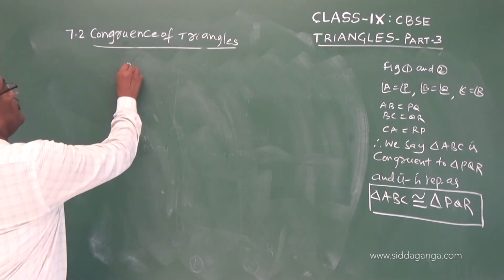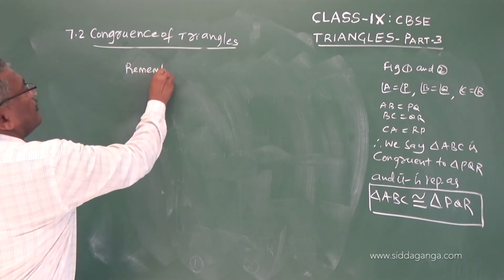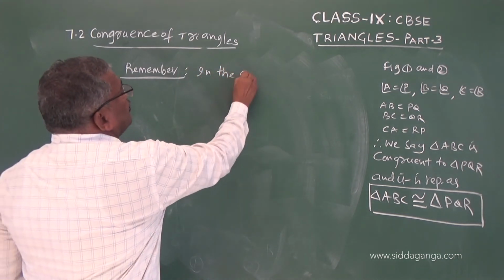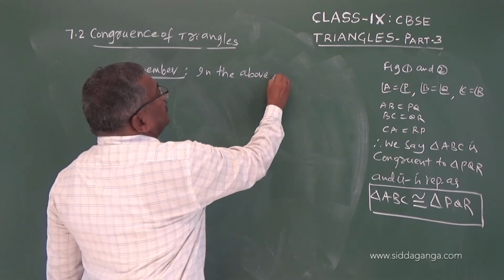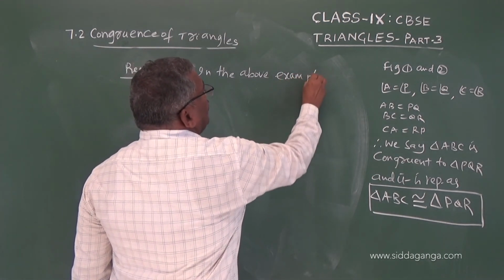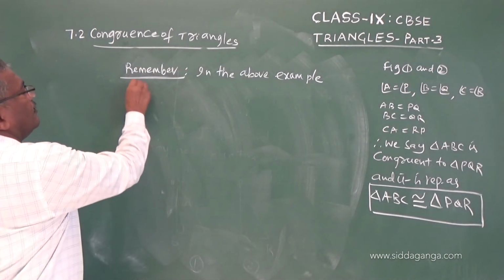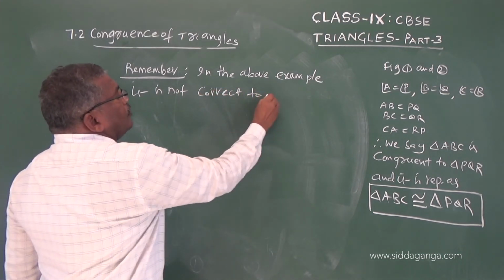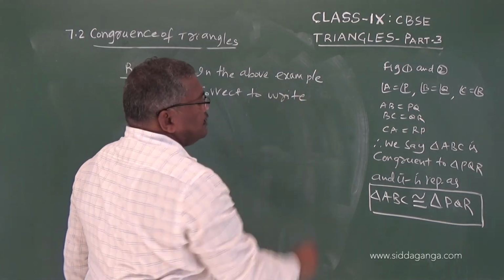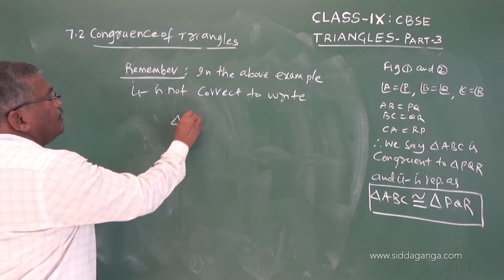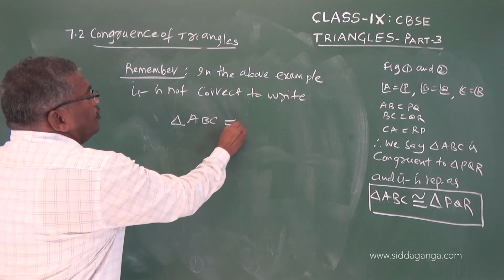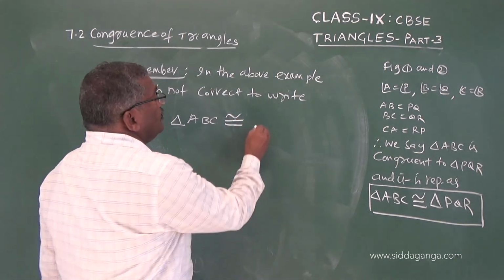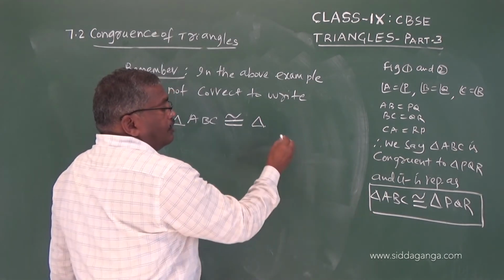Now remember, in the above example, it is not correct to write triangle ABC congruent to triangle, say, QPR.